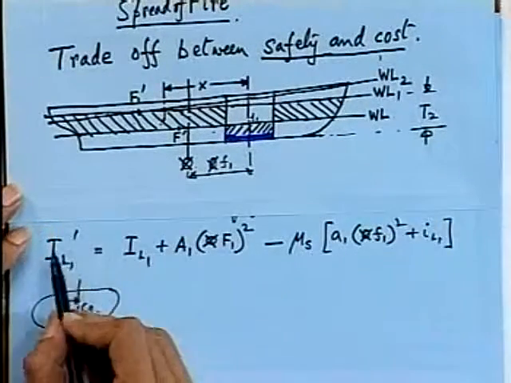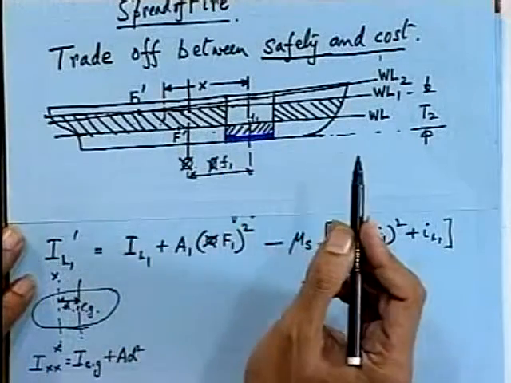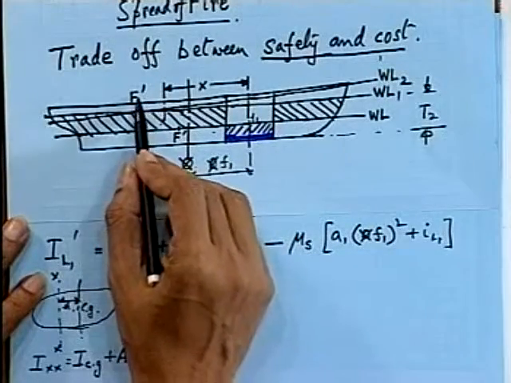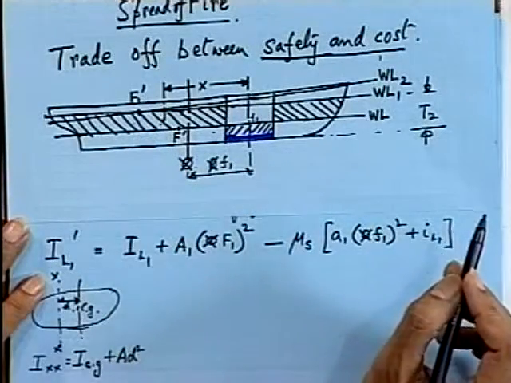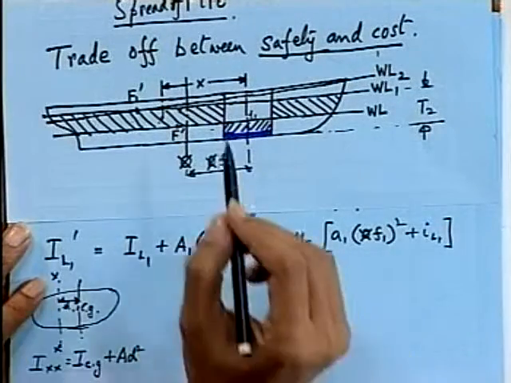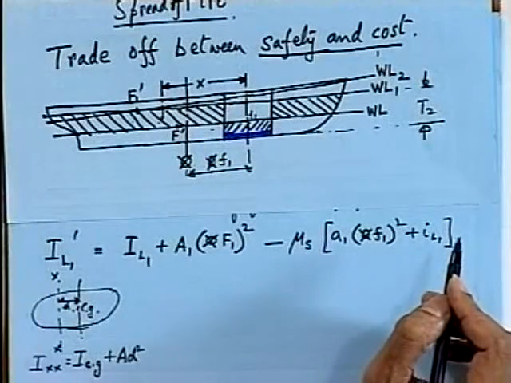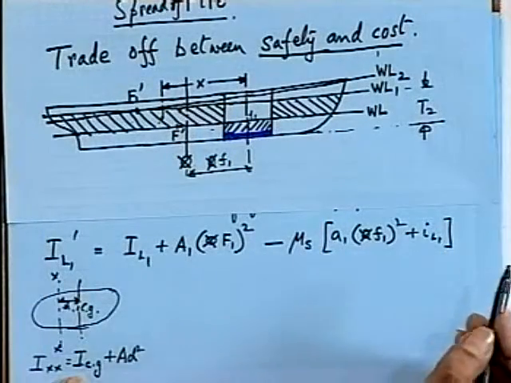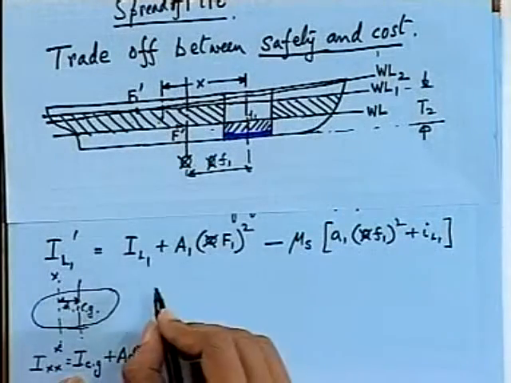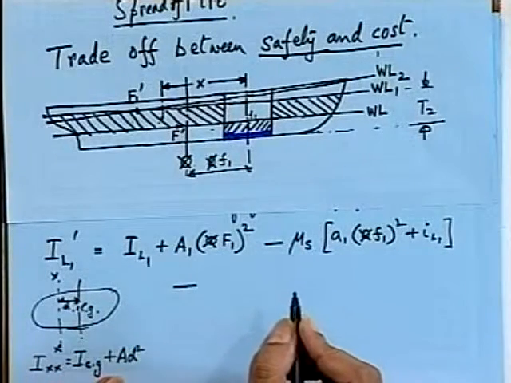So this IL1 prime is the moment of inertia about an axis which is passing through F1 prime. Now what I have calculated is the moment of inertia that is passing through the midship. So now if I want to calculate it about F1 prime, which is the CG of the water plane, you simply subtract AD square.